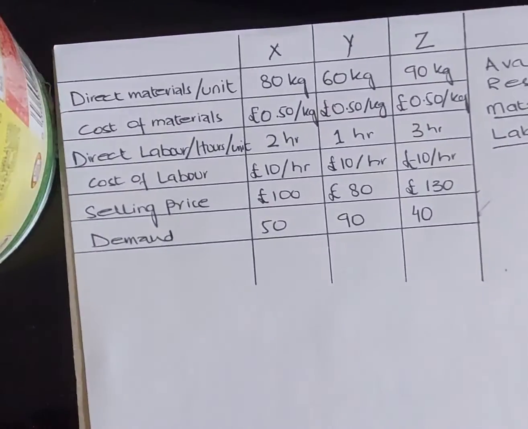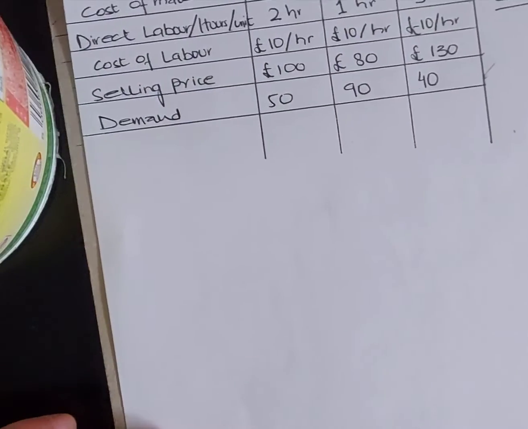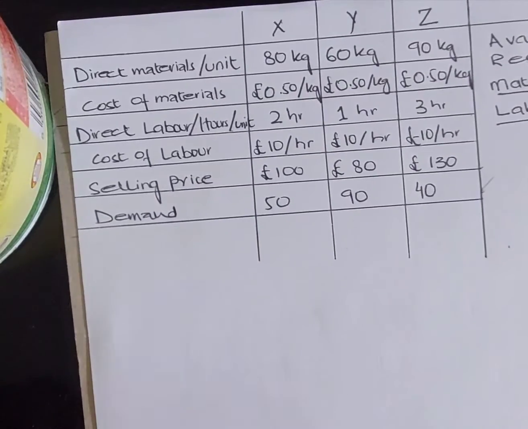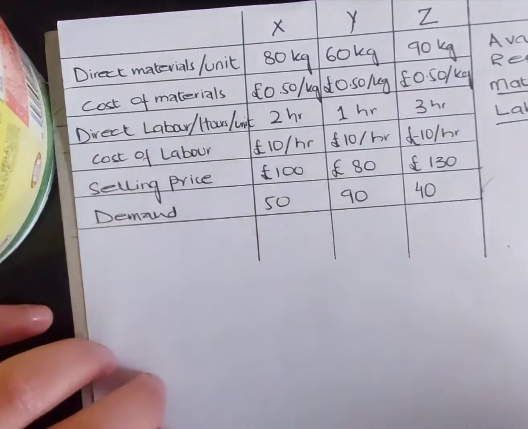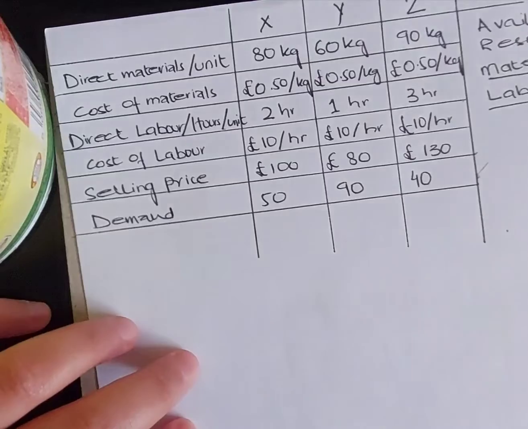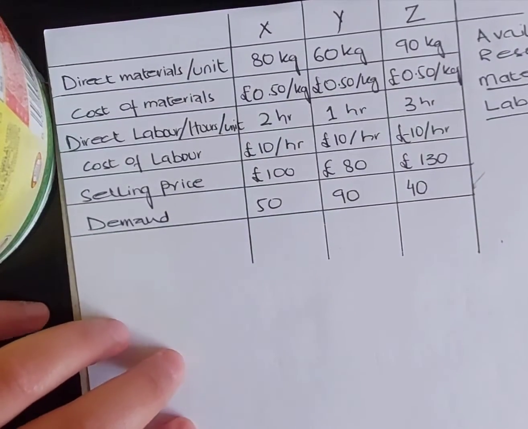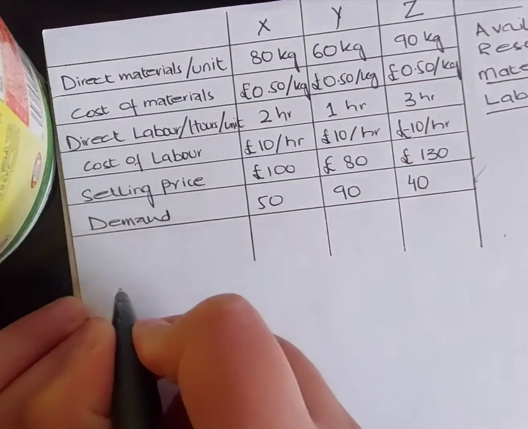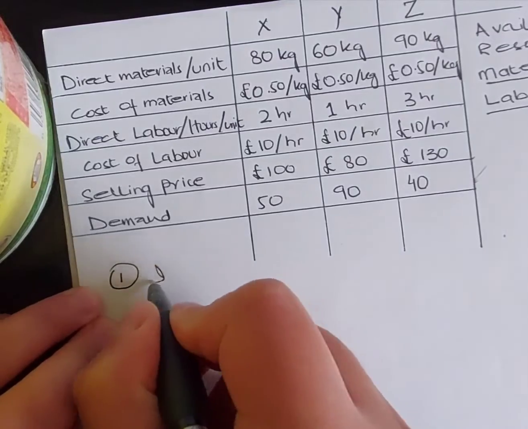So the first step is to work out which of the variable costs is the limiting factor.